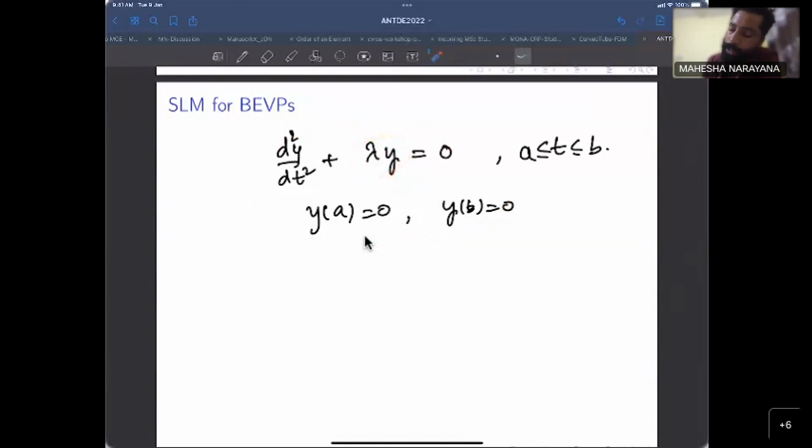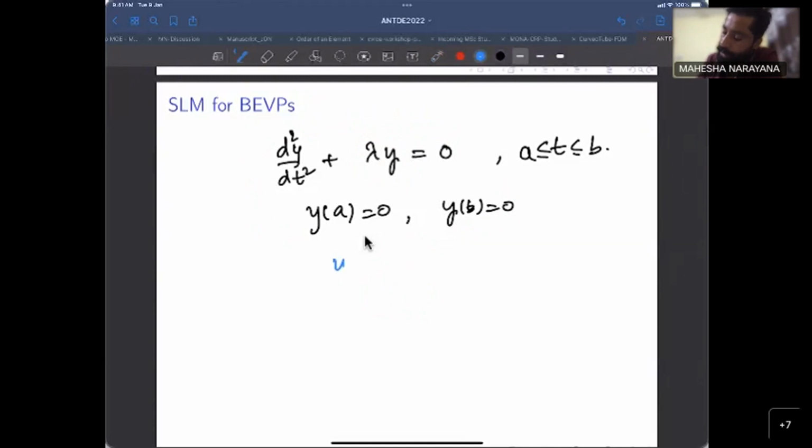When you treat lambda as an additional variable, for closure you would require an additional condition. For that, one could use a normalization condition, something like y prime of 0 equal to 1, because it's second order.